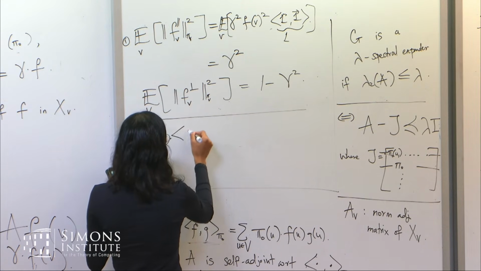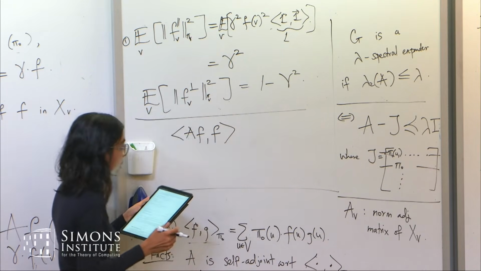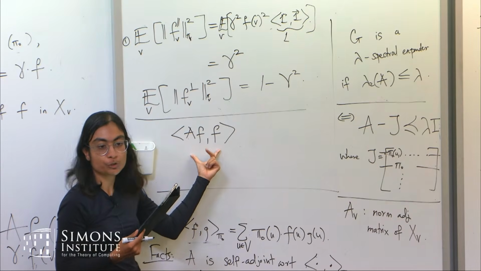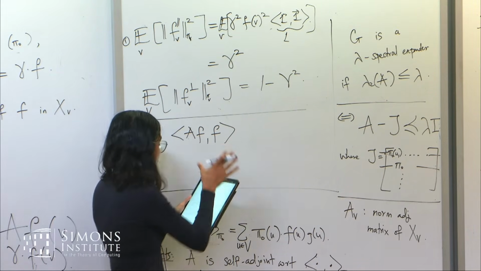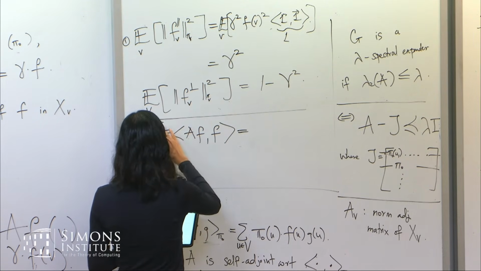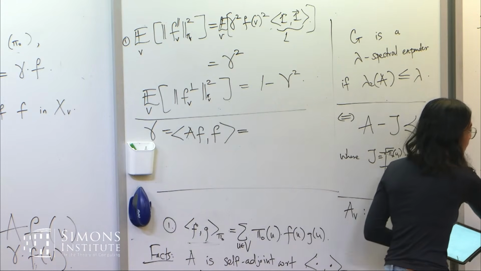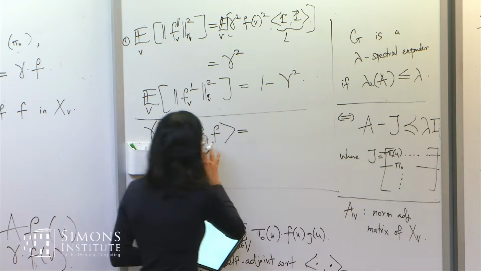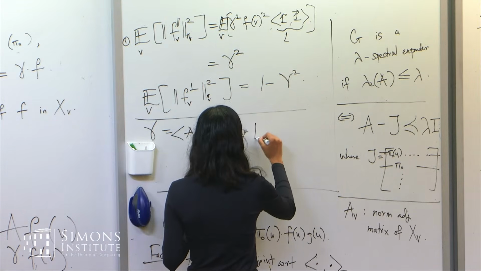Okay, and now let's look at AF. We want to show that this is smaller than lambda by 1 minus lambda. So this guy, by definition, is equal to lambda, gamma. And now we'll use this identity. So we'll break up the global function into its local functions.